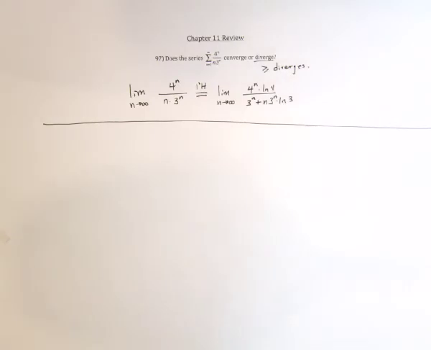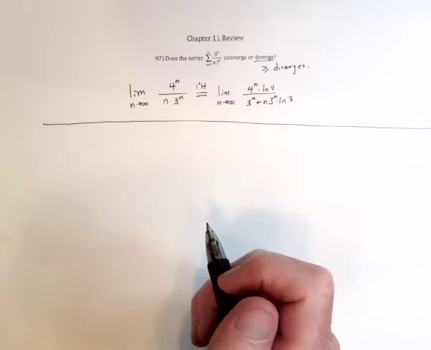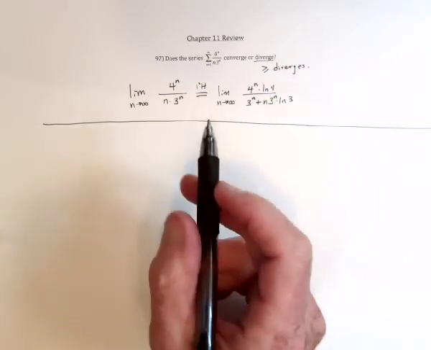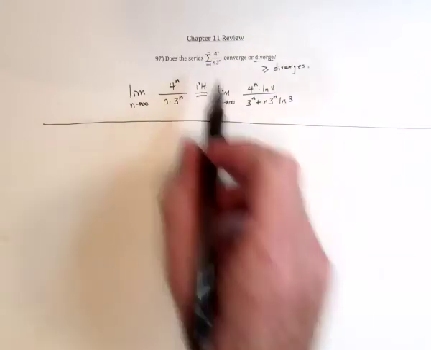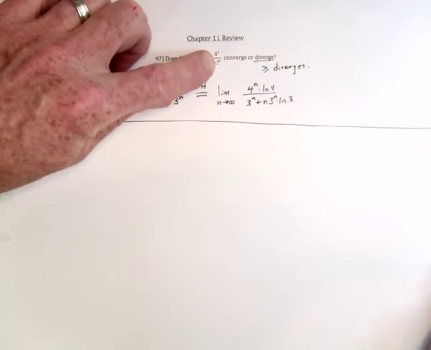Now what about the ratio test? Or we could use the limit comparison test. Just use what I started with, which was my approximation, and say that is a geometric series that diverges.